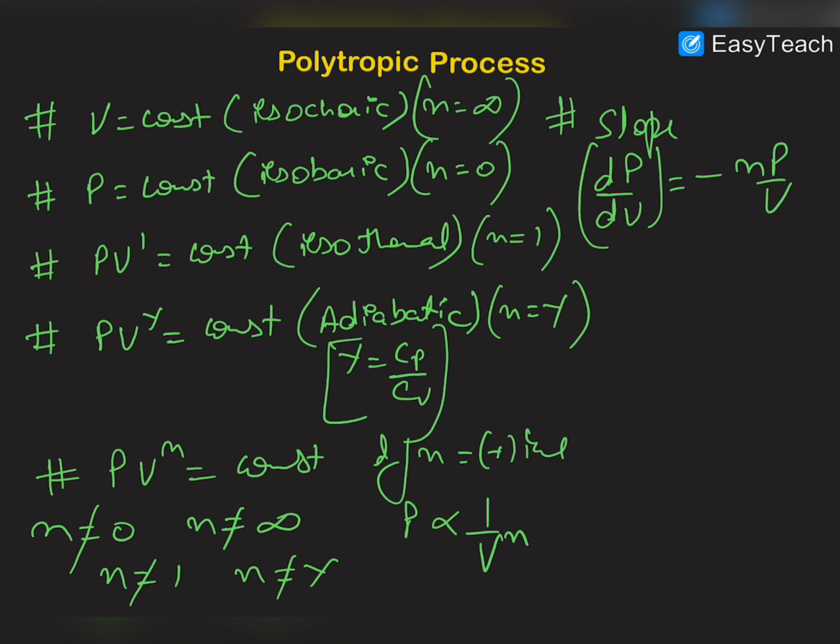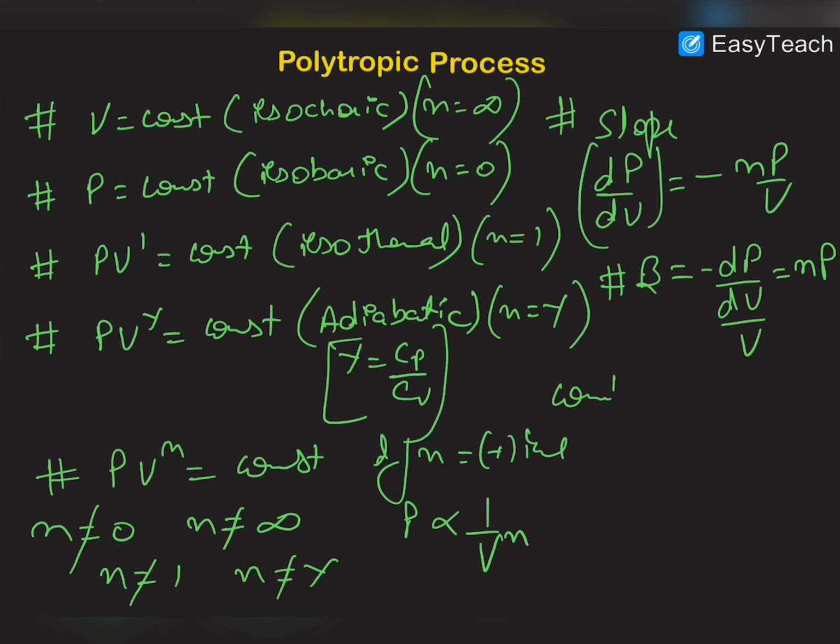The slope of this curve will be minus n P by V. You can just replace the value of gamma with n, as we have already done in adiabatic process. The bulk modulus of polytropic process, beta, will be minus dP by (dV by V). So it would be equal to n into P. This would be the bulk modulus.